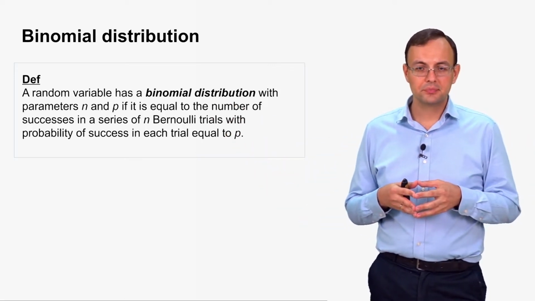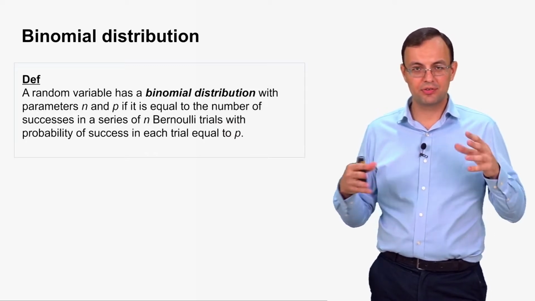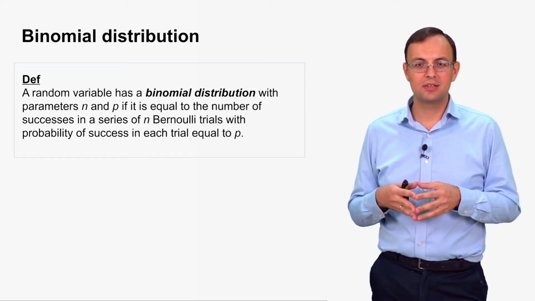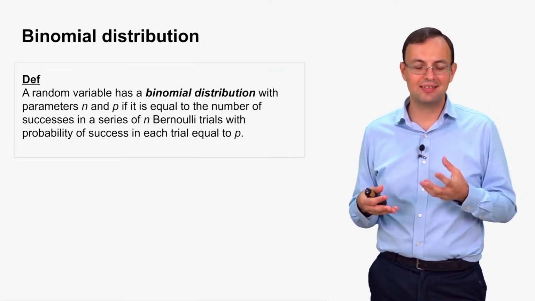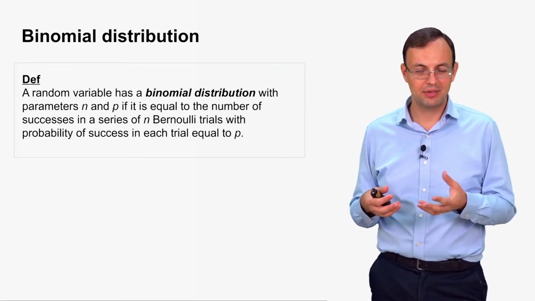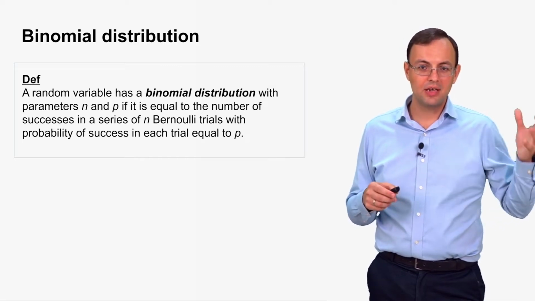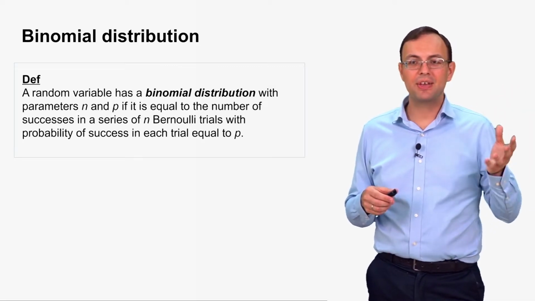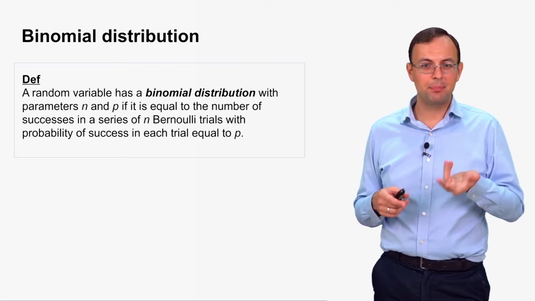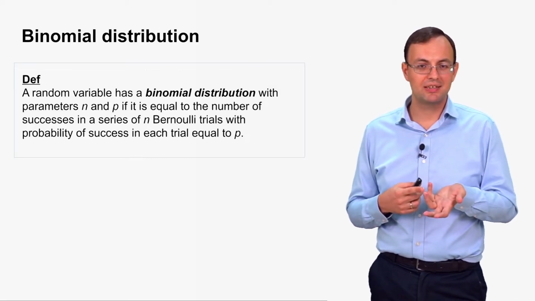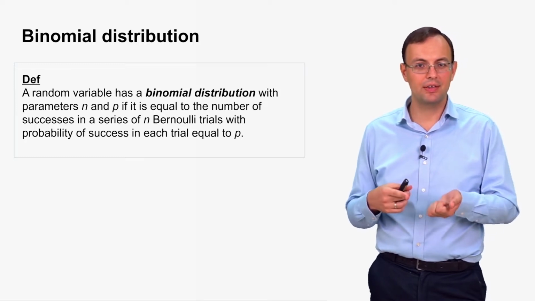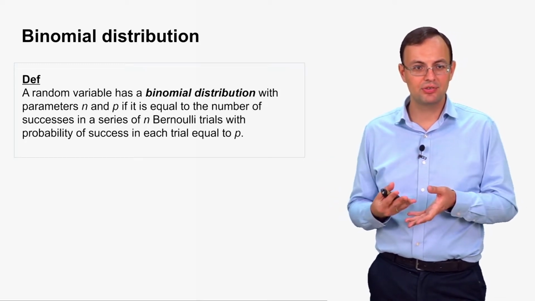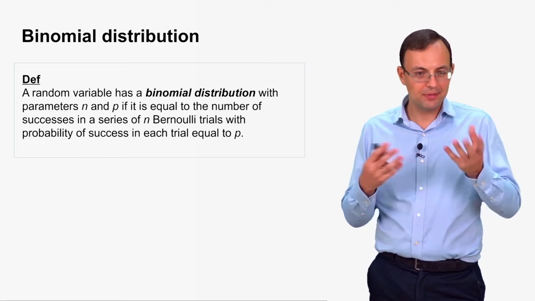And so you have a series of Bernoulli trials, and you see that the number of successes is a random variable. So, for example, the number of heads in 5 flippings of a coin. It can take values 0, 1, 2, 3, 4, 5. It has 6 possible values, and so this is unpredictable.